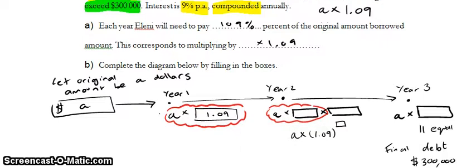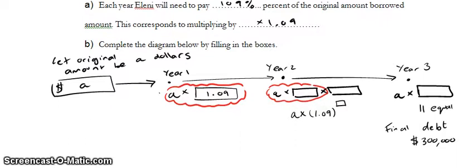And we can complete the diagram. So I called my original amount A, and then after 1 year, this is how much she needs to pay back. And after 2 years, because it's compound interest, it's based on this new amount, and it's this new amount again increased by 9%.